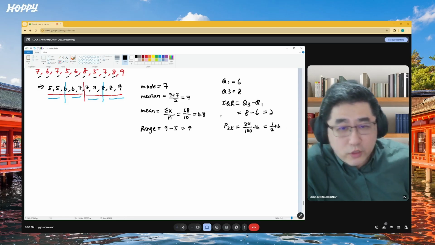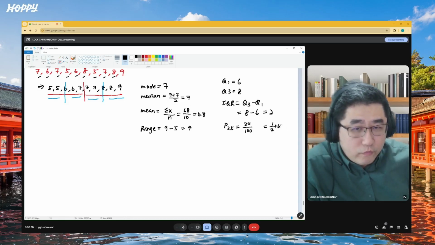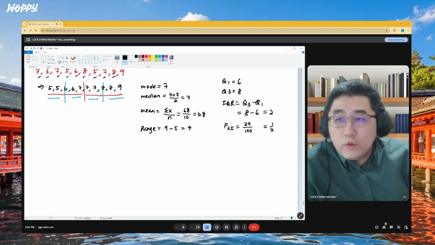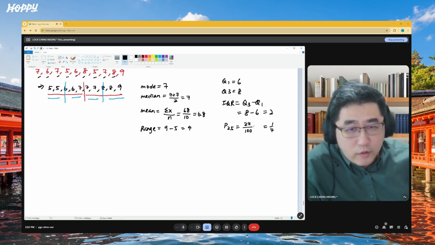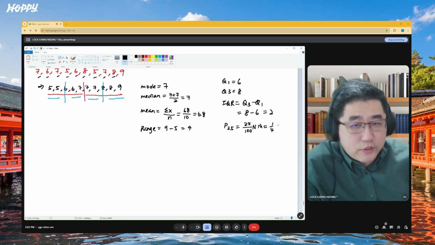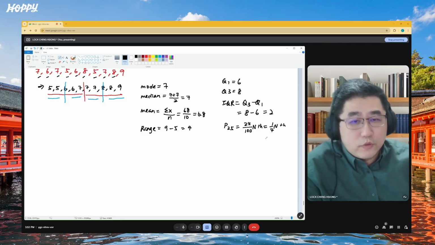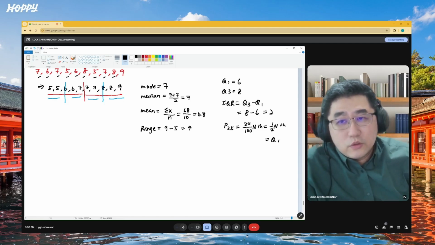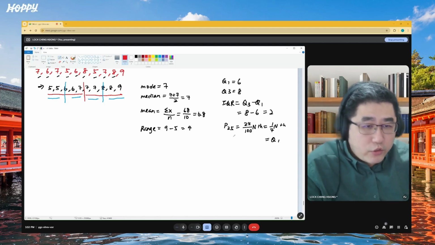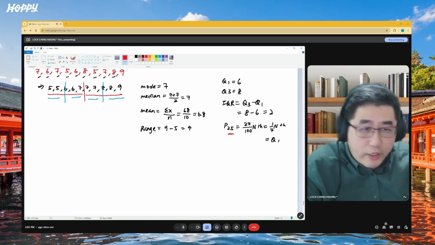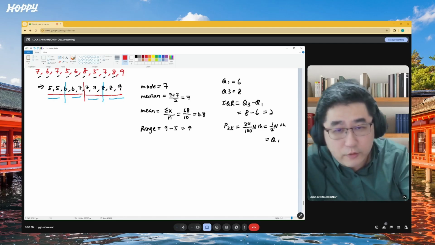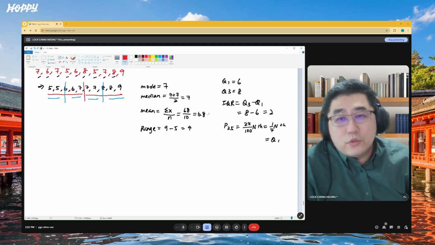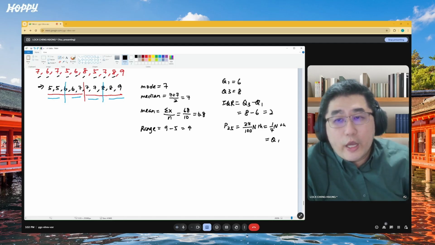Sorry, I forgot about the n. So that means it's Q1. Of course, if the question wants to ask, they may not ask about 25. They may ask about any other percentile.